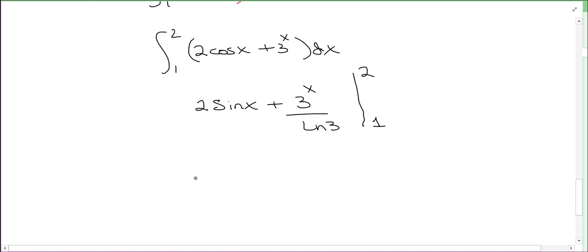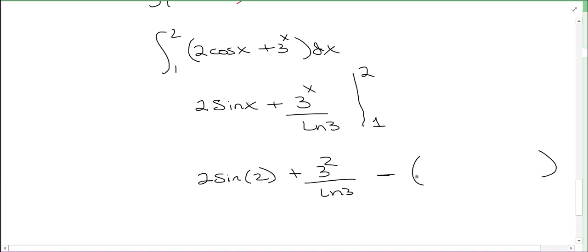So this will be 2 sine of 2 plus 3 squared over natural log of 3, and then minus, make use of parentheses here, 2 sine of 1 plus 3 to the 1, so just 3 over the natural log of 3.